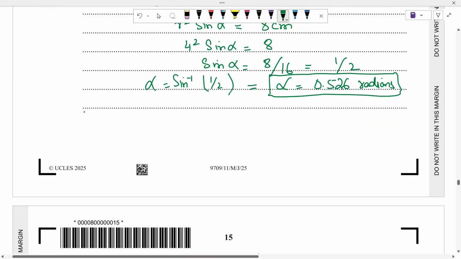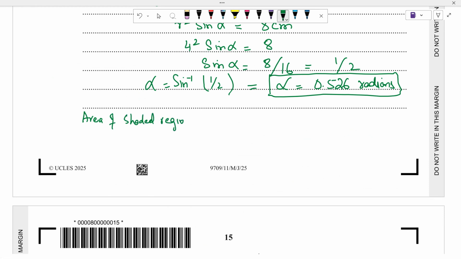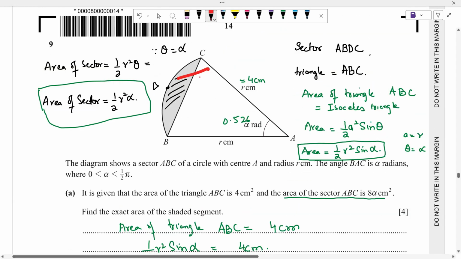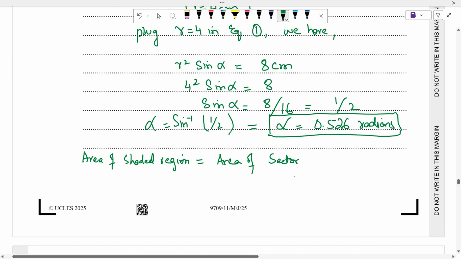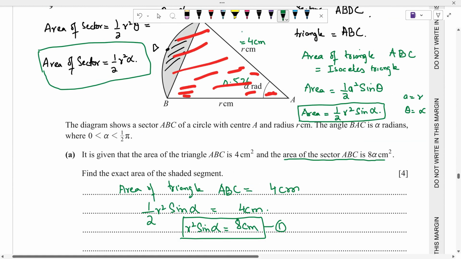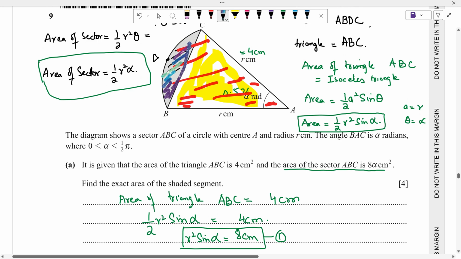So the area of the shaded region is the area of sector minus the area of triangle.